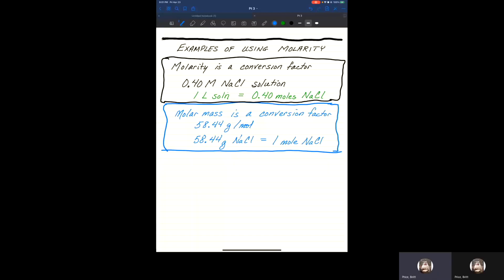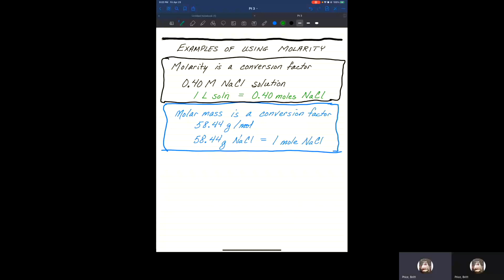And sometimes it really does help to establish these as written out more like conversion factors than have it shrunk inside the molarity. Students seem to really struggle with that capital M being two separate pieces, being the conversion factor between two things.